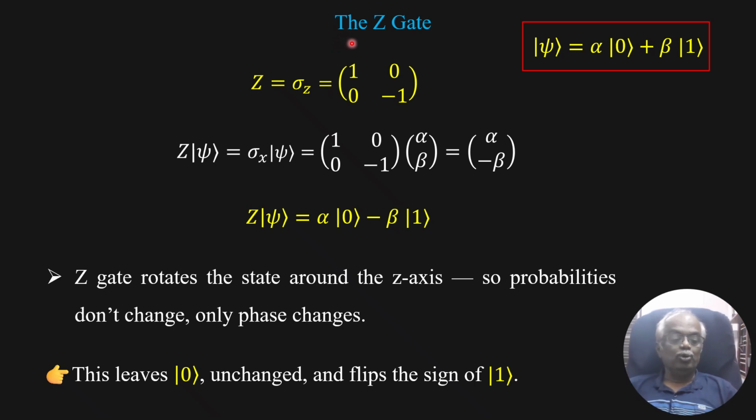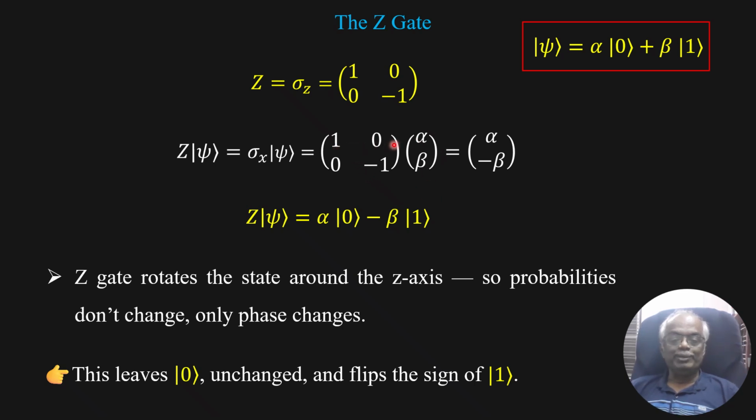Now we will move on to the Z gate. The Z operation is actually the Pauli spin matrix sigma Z, which is equal to [1, 0; 0, -1]. So this is the Z gate operation. When Z acts on ket psi, it is equivalent to sigma Z acting on ket psi. So sigma Z in matrix form is [1, 0; 0, -1], and ket psi can be written as the column matrix alpha beta.